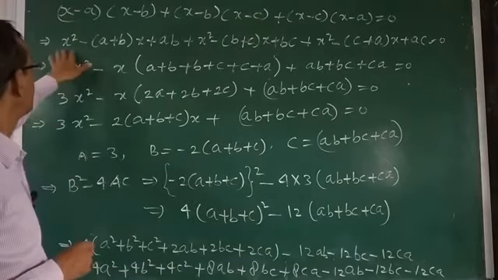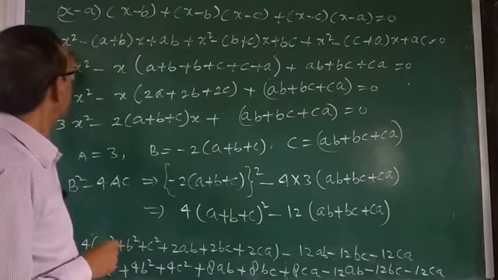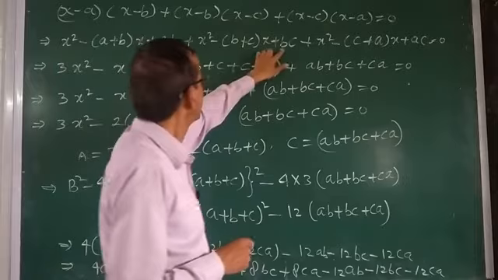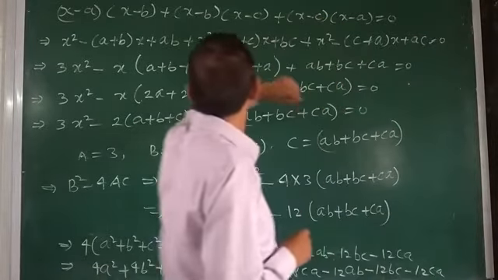So for this I multiplied the brackets. If you multiply them, your result will be this: the first two, the second two, and the third two.